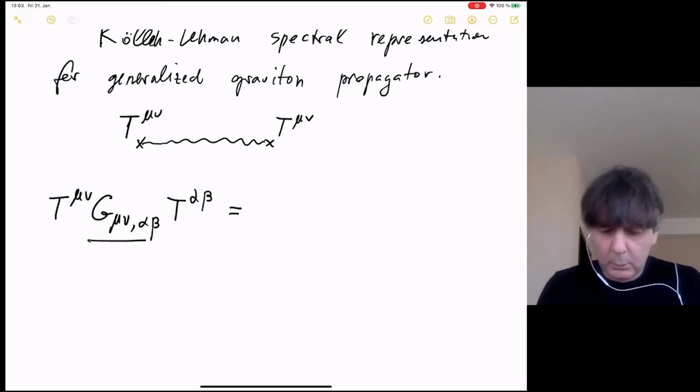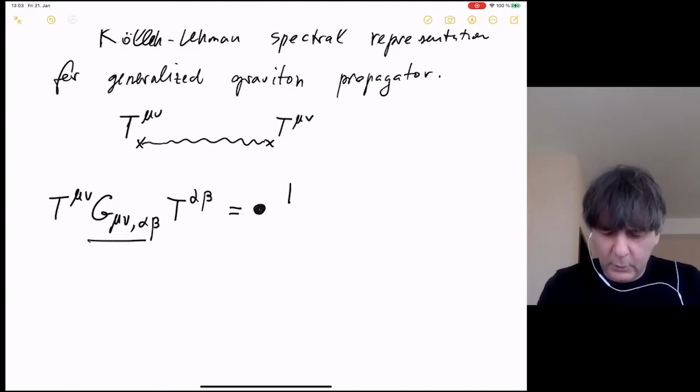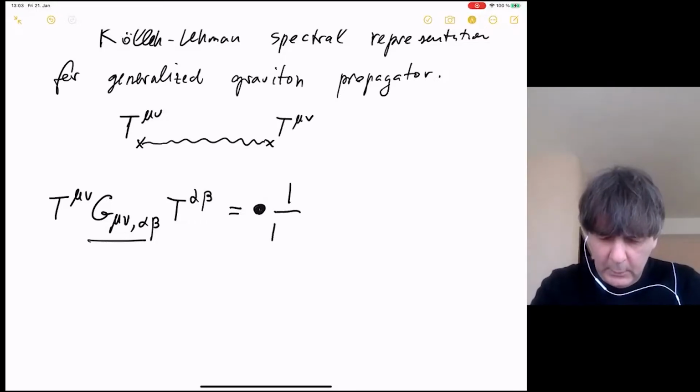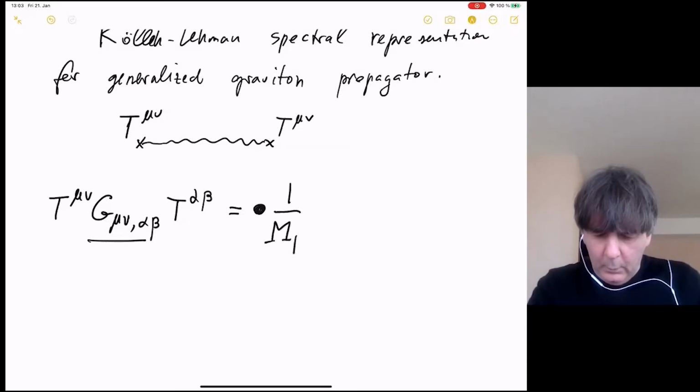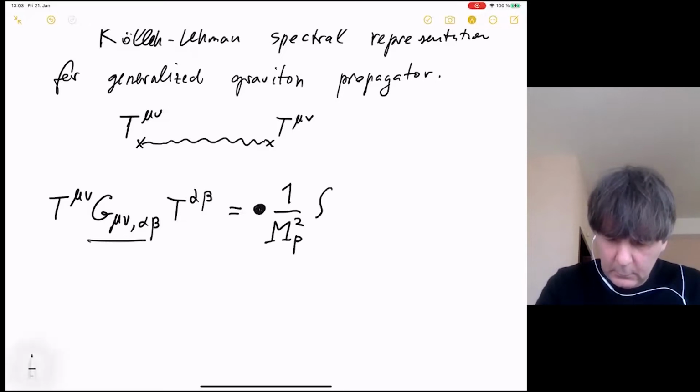There will be an overall coefficient, which is not important, which I have to use when going to Fourier space and back and forth. Let me normalize it to 1 over m Planck. Then we have different structures here.